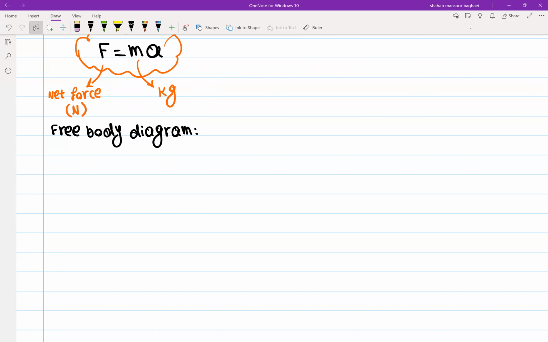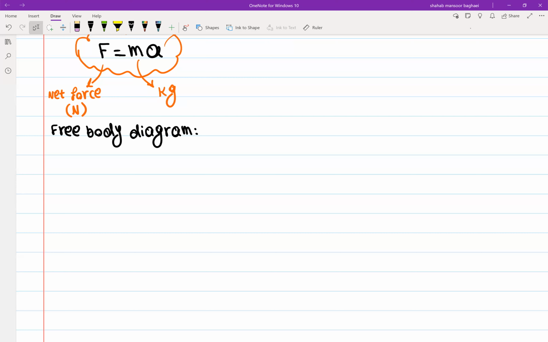Okay, let's start. Imagine right now I have a block. Before continuing, let me tell you this one. I want to talk about the weight force. You know, every object has weight force because it has mass. If you have an object, because of the mass, definitely it should have weight force because of the gravity of the Earth.